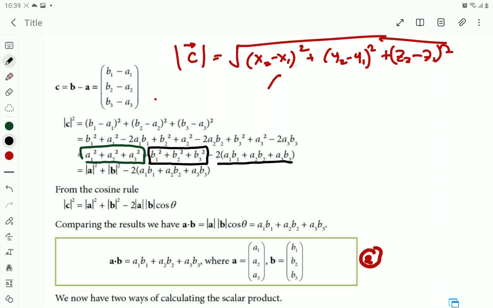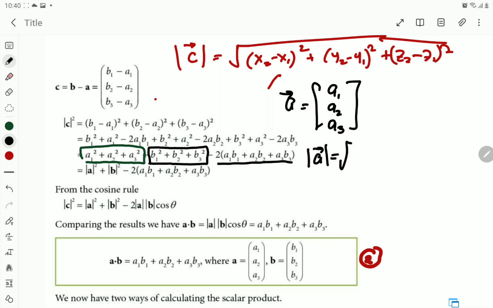this one here is actually, remember what is this? A1, A2, A3. Remember, if the vector A is equal to (A1, A2, A3), then the length of the vector A, the modulus, is equal to the square root of A sub 1 squared plus A sub 2 squared plus A sub 3 squared.